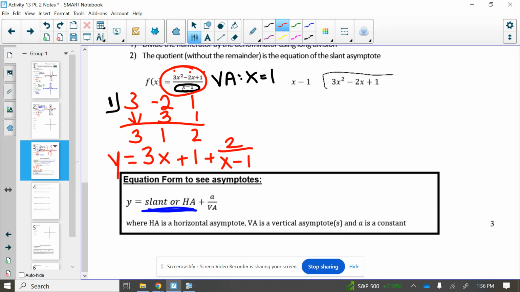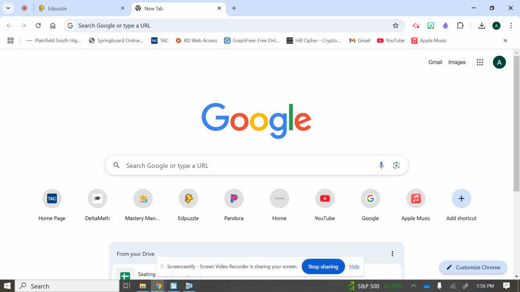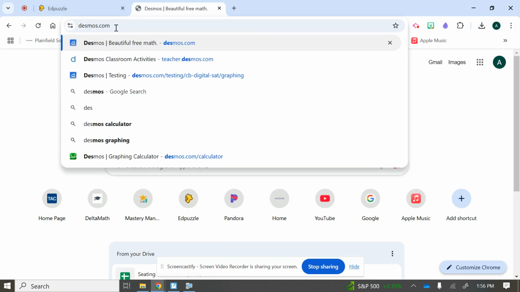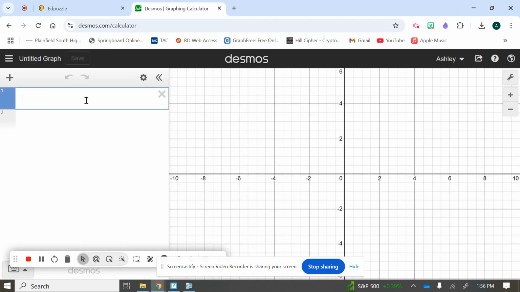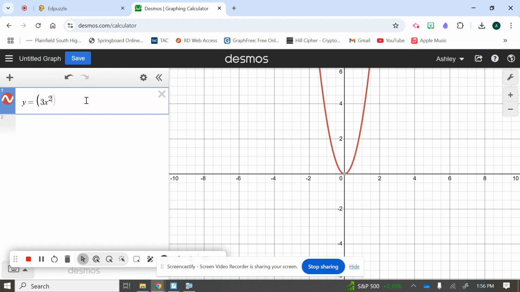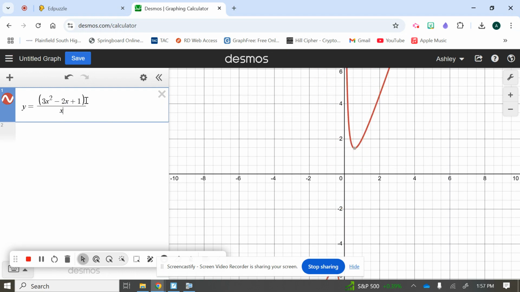This allows us to see the equation of our slant asymptote, which in this case is going to be y equals 3x plus 1. We can double check this if we compare these two graphs. Again, we have this original function y equals 3x to the second power minus 2x plus 1, all divided by x minus 1.